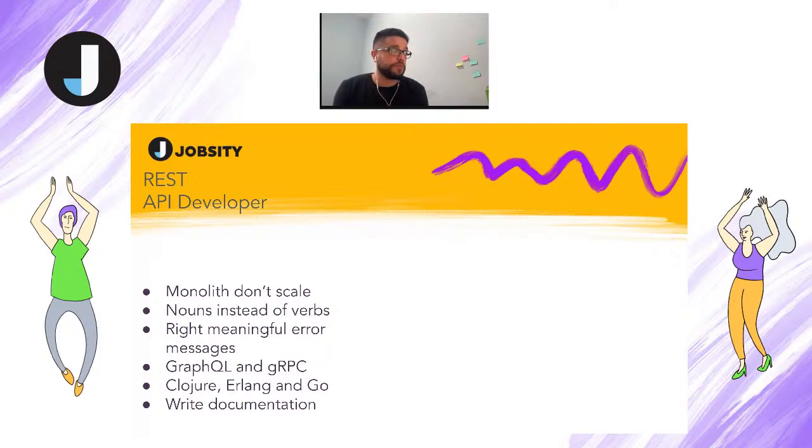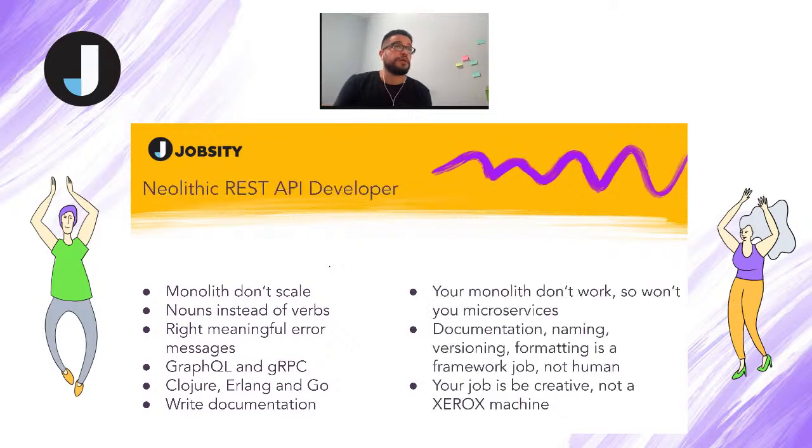Some people try to ditch REST APIs using GraphQL or gRPC, and there we have the startup-oriented developers. They are fans of Clojure, Erlang, and other modern languages like Go, and everybody says, hey, write documentation, but we have a problem.